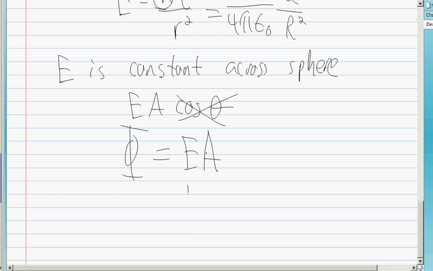We got this half: the 1 over 4 pi epsilon naught Q over r squared, which is great. But the surface area of a sphere, not the volume, is 4 pi r squared.